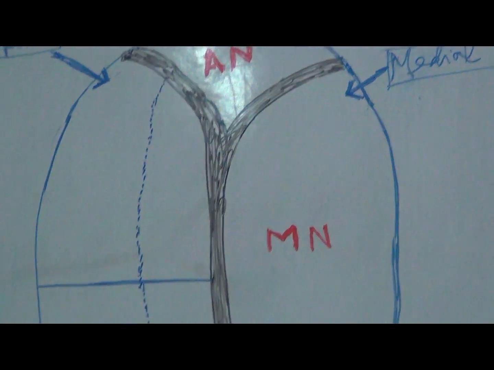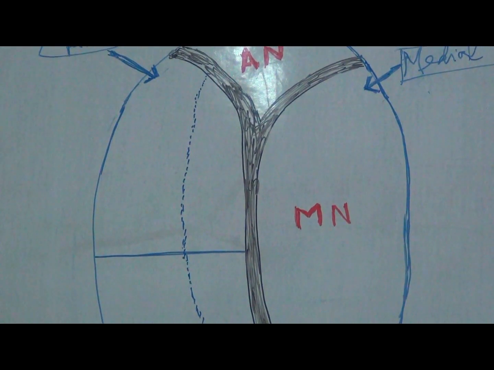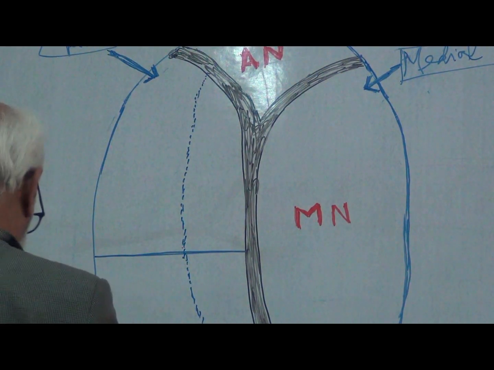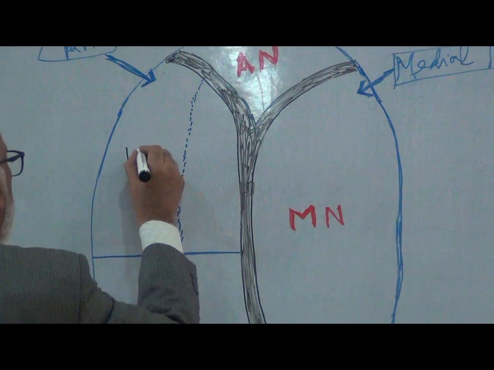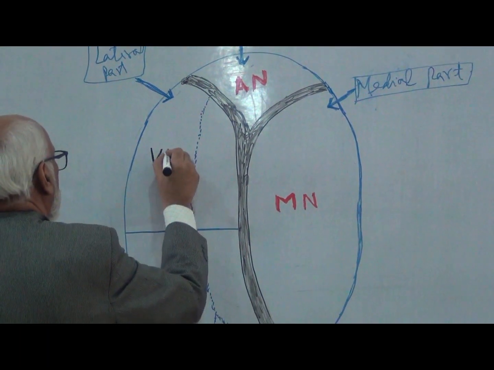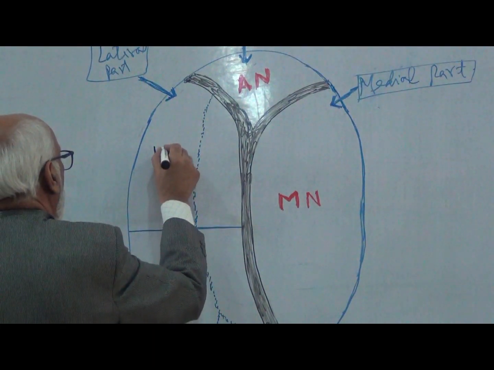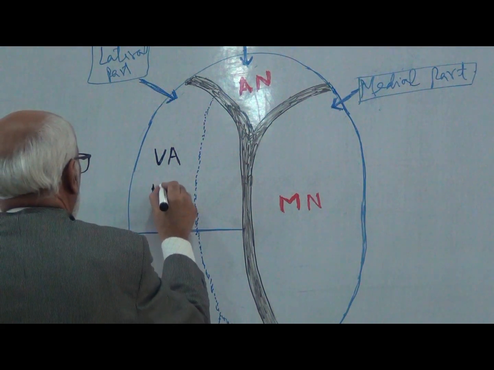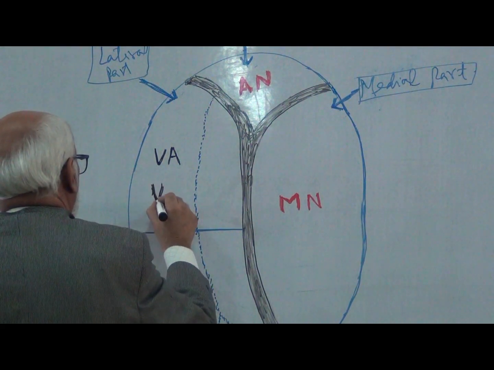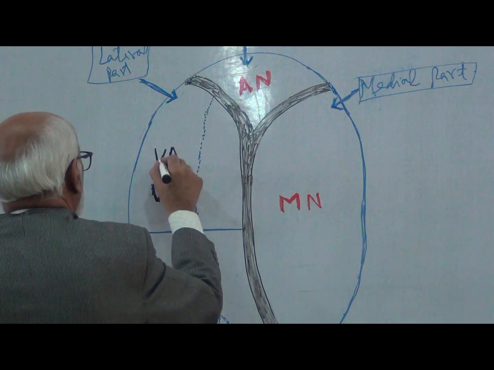In the lateral part there are several nuclei. Ventral anterior nucleus. Ventral lateral nucleus.